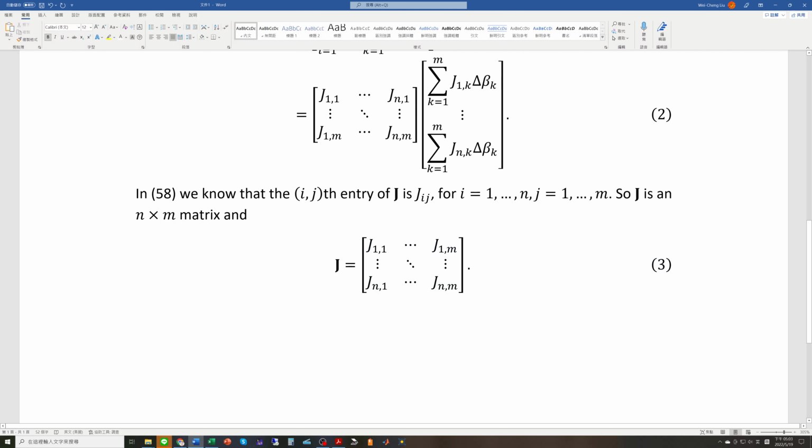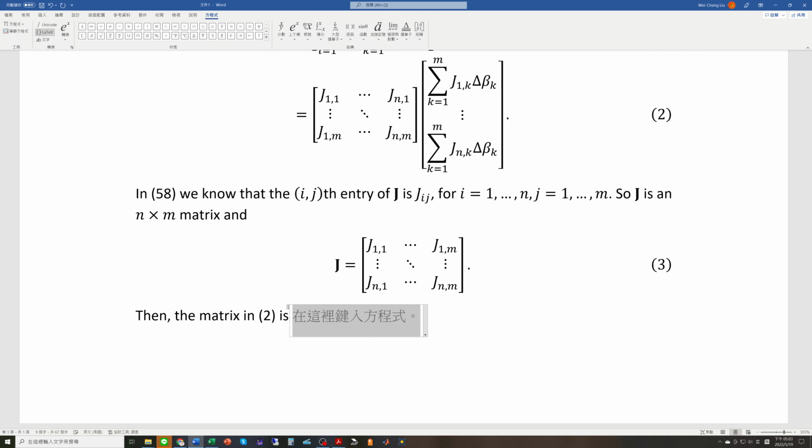Then the matrix in equation 2 is J transpose. J should be bold.